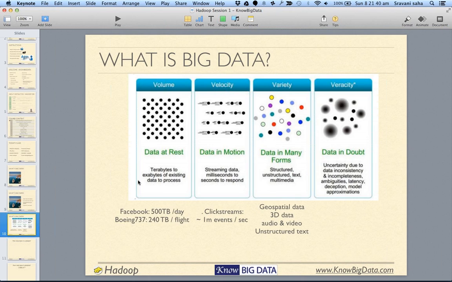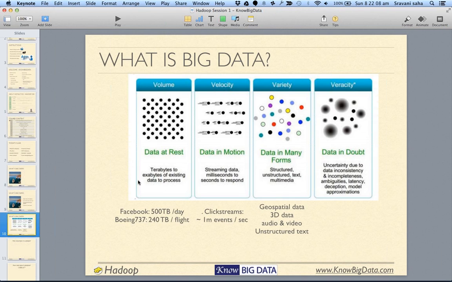Therefore, the variety, the kind of data you are processing, makes it big data if you end up having a distributed architecture. So the variety might lead to a heavy load, and because of this characteristic called variety, we are having a big data problem.